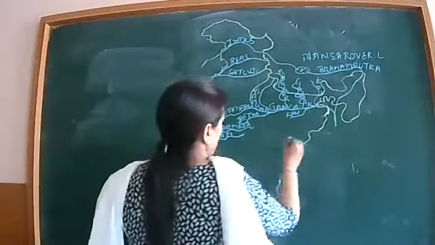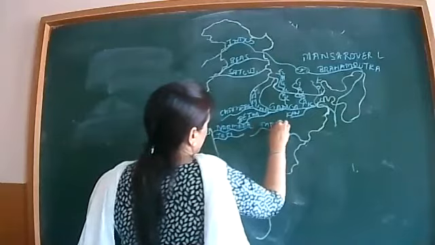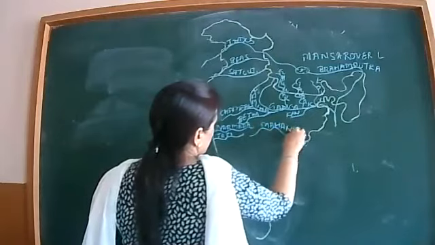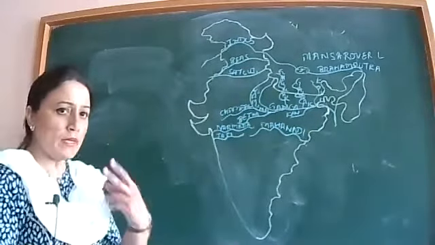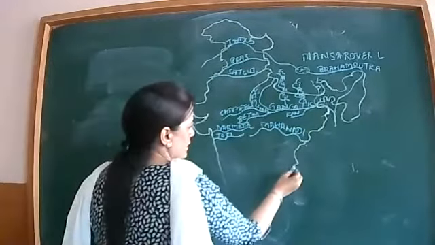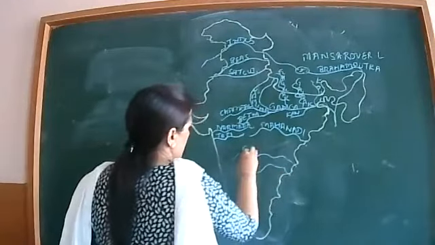And towards the eastern side, we have four prominent rivers. First here, we have river Mahanadi. Then two deltas you can see side by side. This is river Godavari and this is river Krishna.